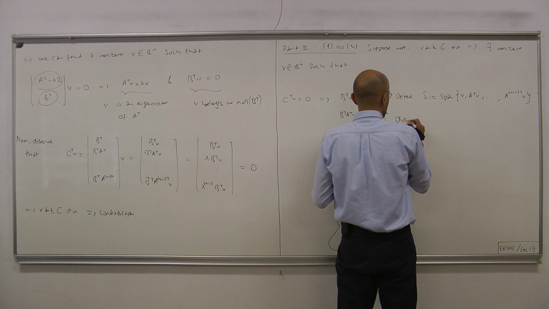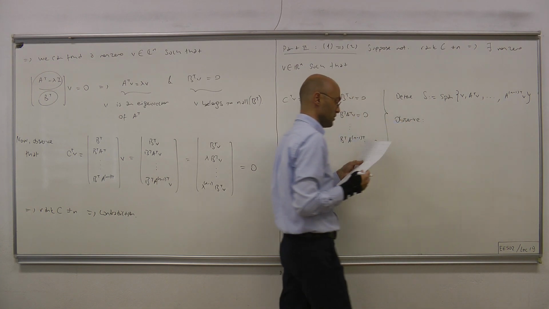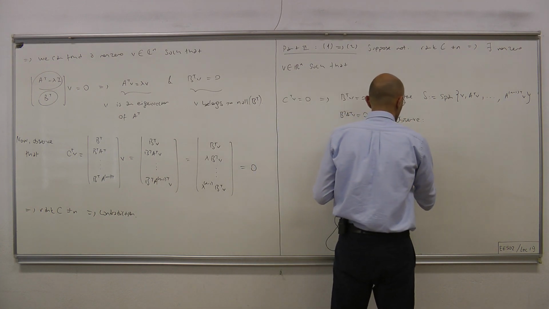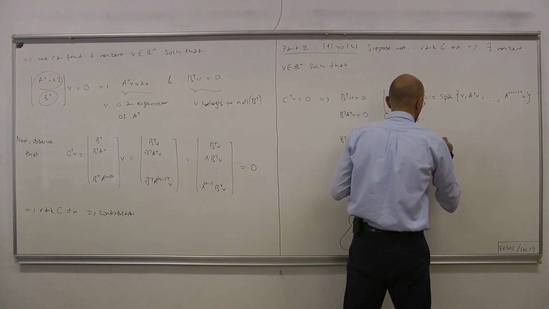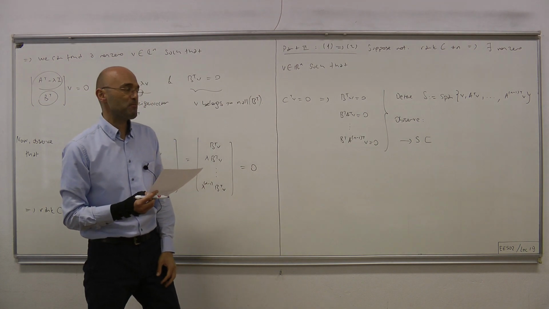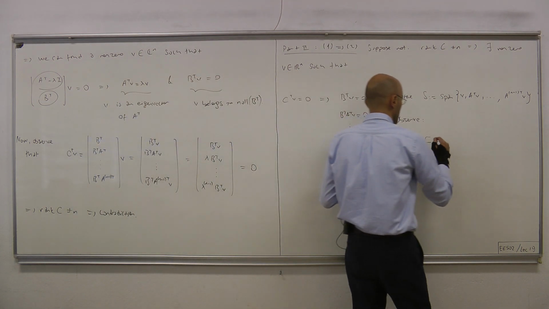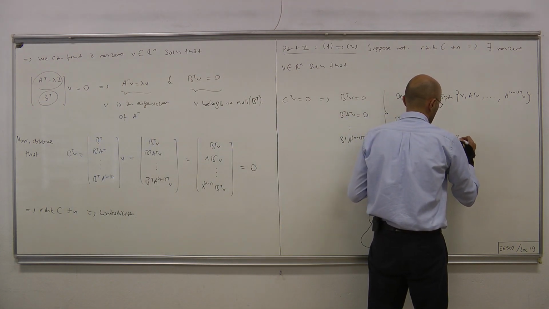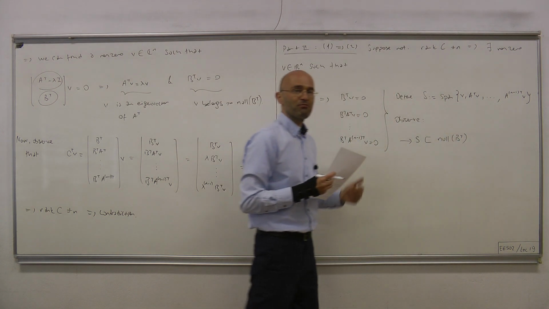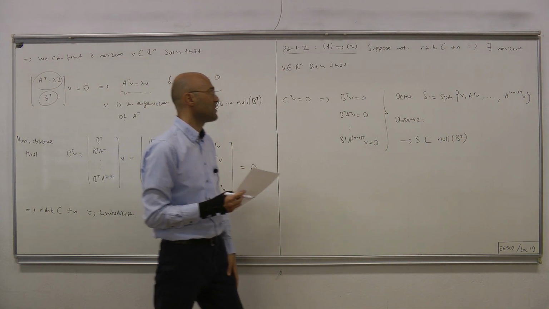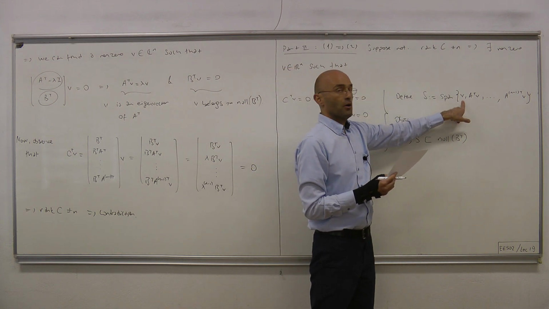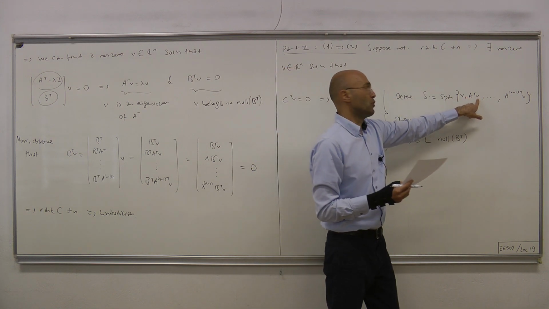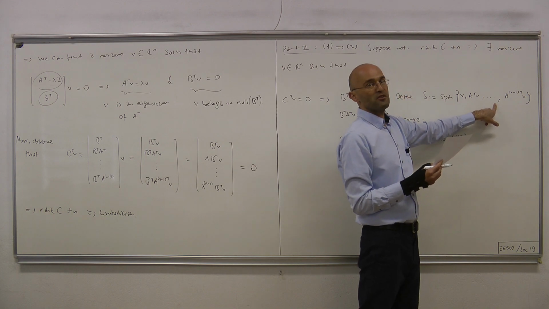Now let's make the following observation. This subspace must be a subset of the null space of B transpose. Why is that? Because B transpose times V is 0, B transpose times the next vector is 0, and so on.